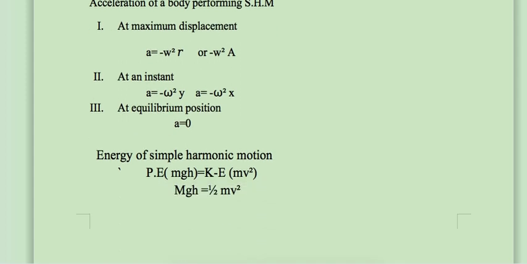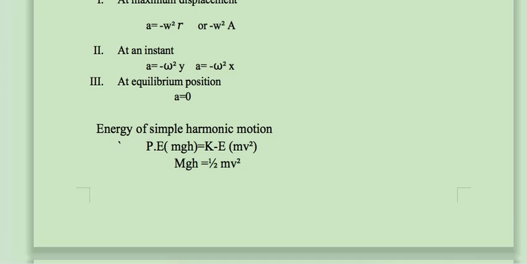Now, let us look at the energy of a simple harmonic motion. Energy possessed by a simple harmonic motion is always conserved. You have the knowledge from conservation of energy that when energy is conserved, the potential energy will be equal to the kinetic energy. There will be no loss in energy.